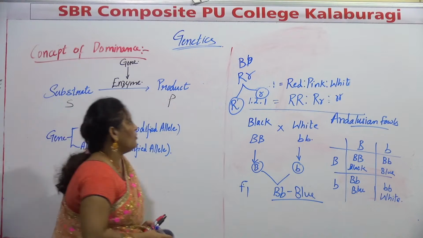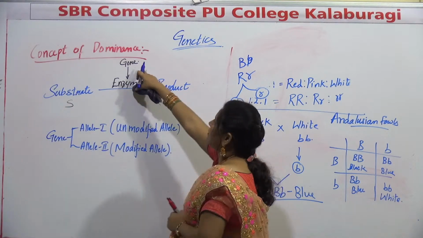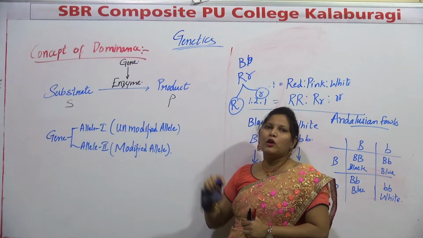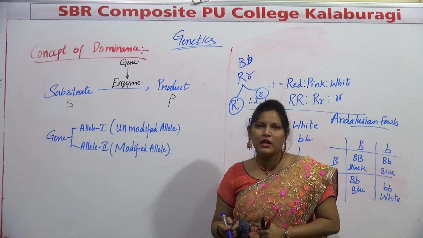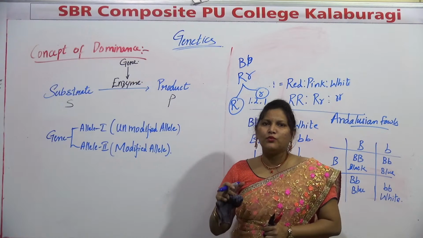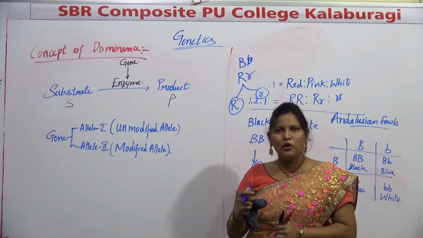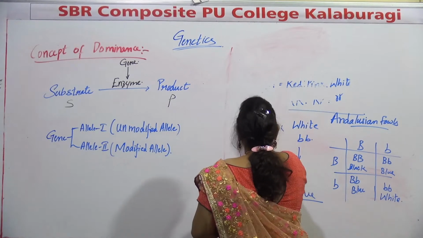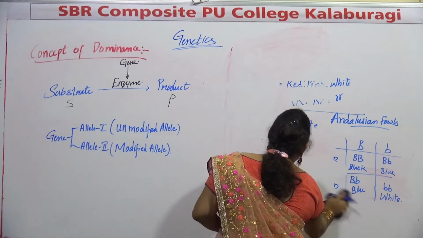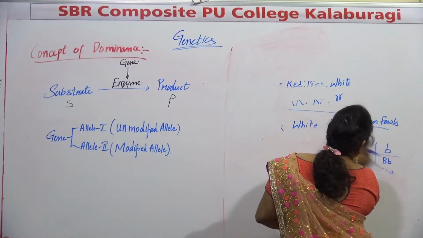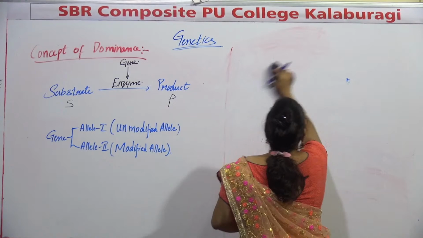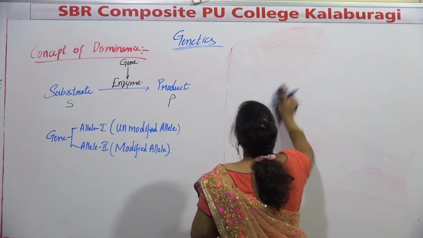Now, what is the function of this particular gene? What is the gene product? Here the gene product is a functional enzyme which helps in conversion of the complete substrate into product. So I am talking about the functional allele.